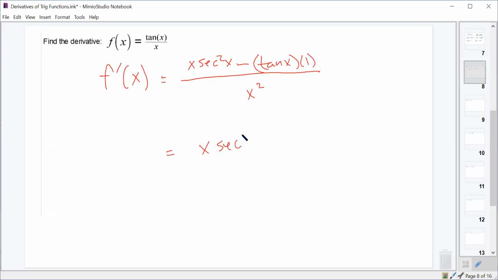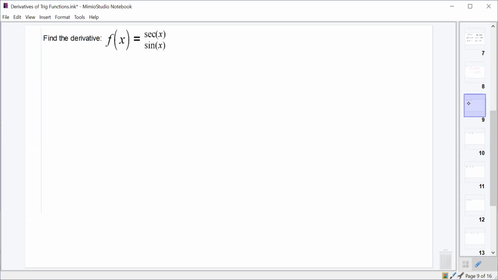So all we've got is x secant squared x minus tangent x over x squared. Good enough. Easy enough. All right. What about this one? What should we do with secant x over sine x?